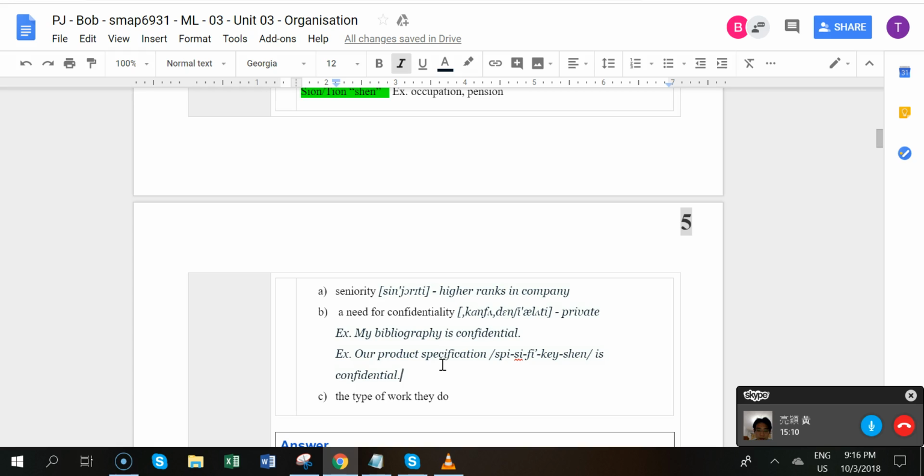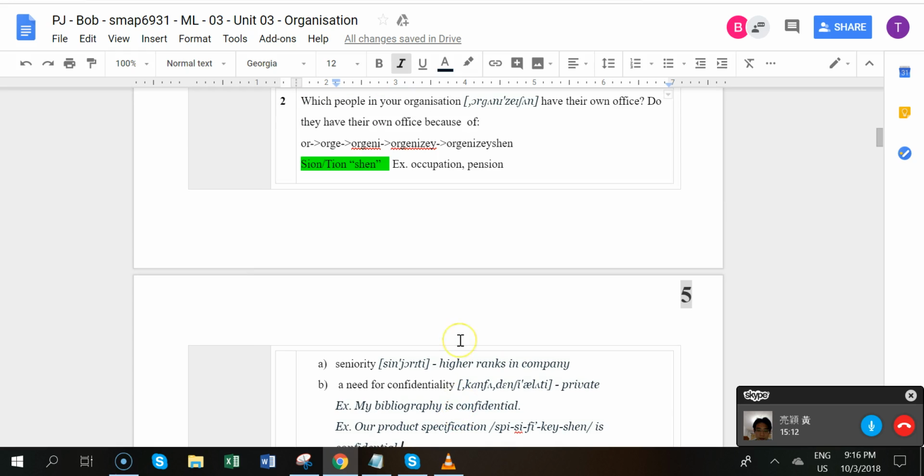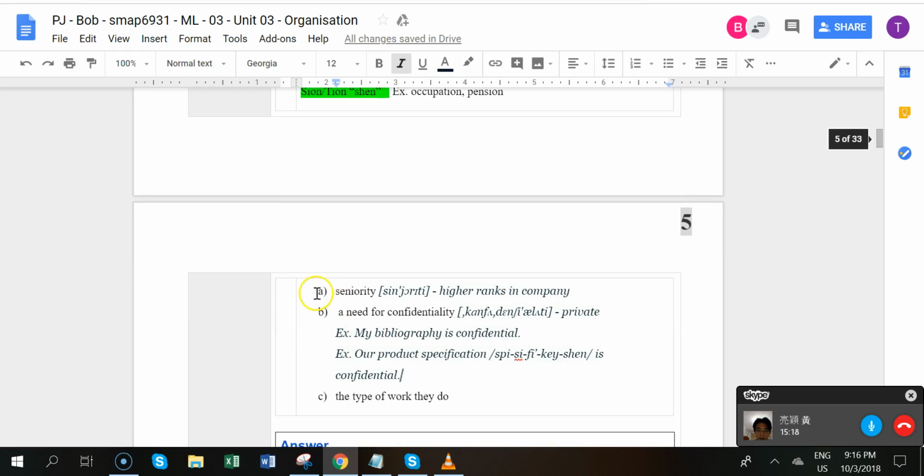Okay, so what do you think is the answer here, Mr. Bob? Which of the people in your organization have their own office? Is it A, seniority, or B, a need for confidentiality, or C, the type of work they do? The type of work they do.